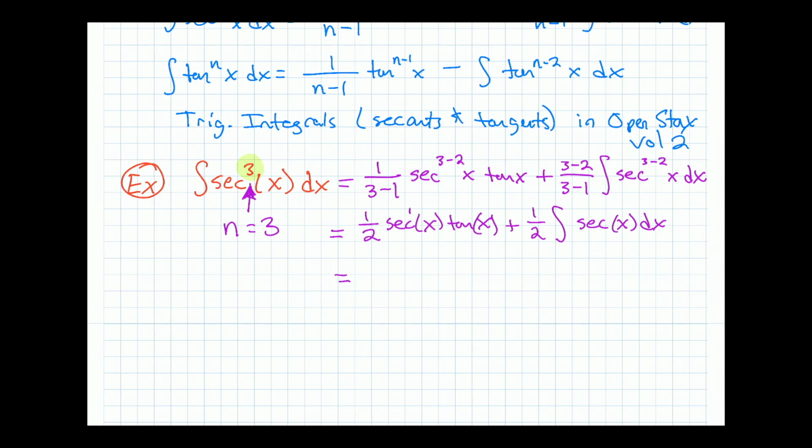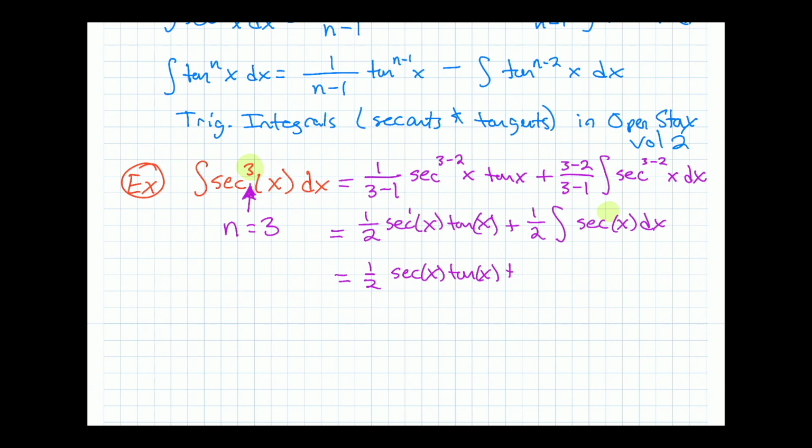Well, if you didn't know the integral of secant cubed, look at what we did. What you did was you changed the secant cubed into an integral of just a secant, right? So basically what happened was the power dropped by 2. It went from 3 to 1, so it dropped by 2. And that's why it's called a reduction formula, because it results in a lower power of the secant.